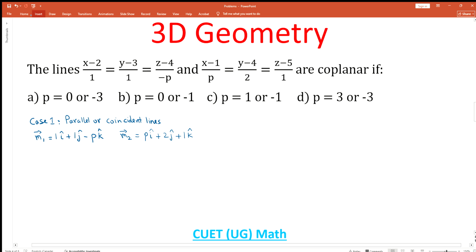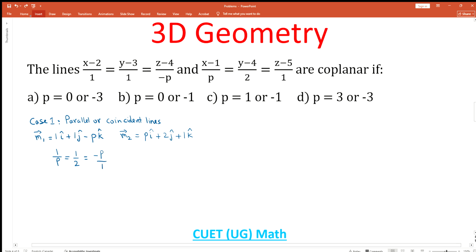For these two lines to be parallel or coincident, these two vectors should be scalar multiples of each other. That means the ratios of their x, y and z components should be the same. So we get the equation 1 over p, the ratio of the x components, equals 1 over 2, the ratio of the y components, equals negative p over 1, the ratio of the z components.